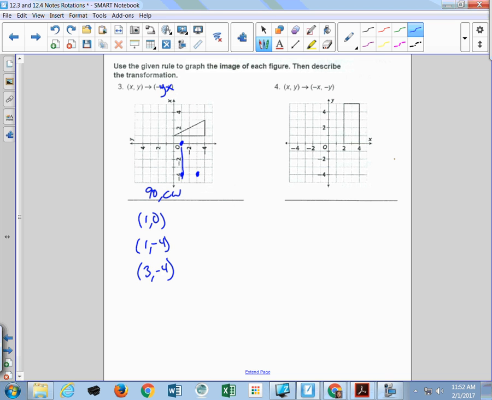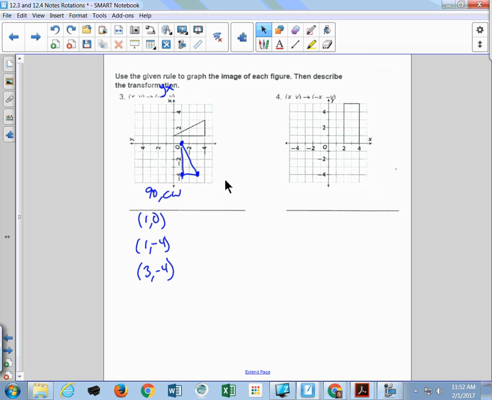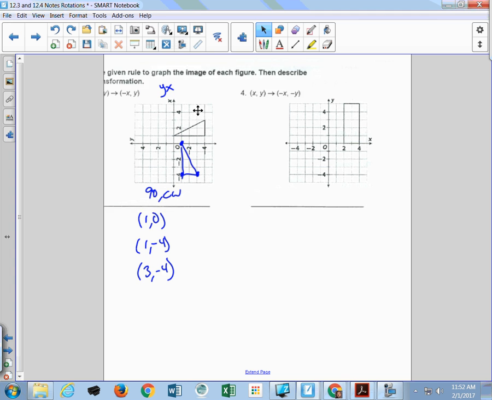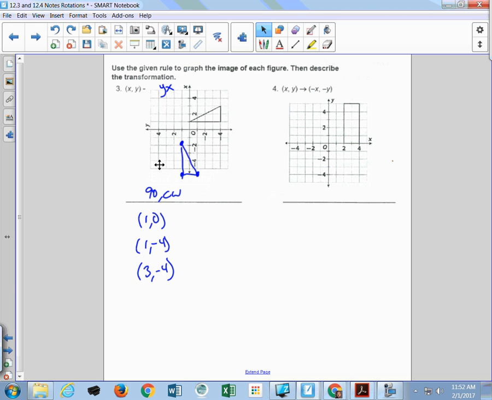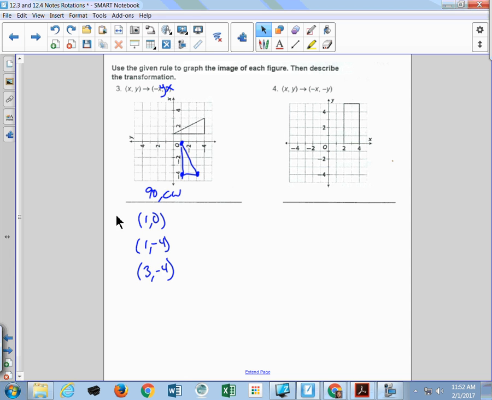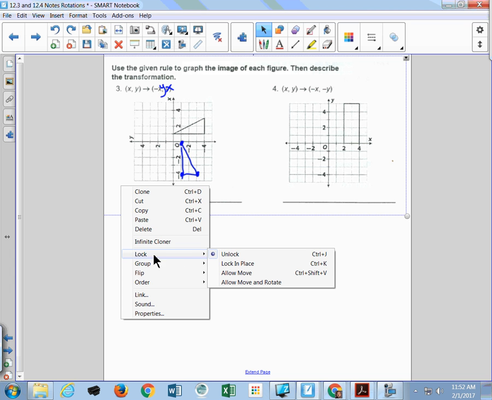Connect my dots. Combine this together. I don't know if it's going to make this work.